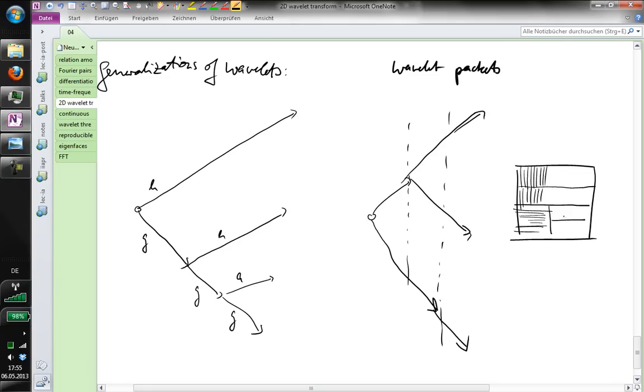And the other thing I want to mention is that this thresholding of wavelet coefficients is closely related to the lasso.